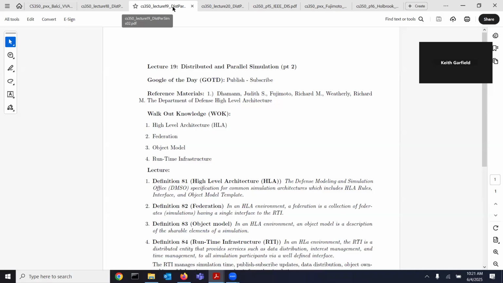Again, it never worked that cleanly, but that was the goal. Then when you create a group of them, they called that a federation. So you would have a federation that was a collection of these simulations. And the federates were collections of object models.